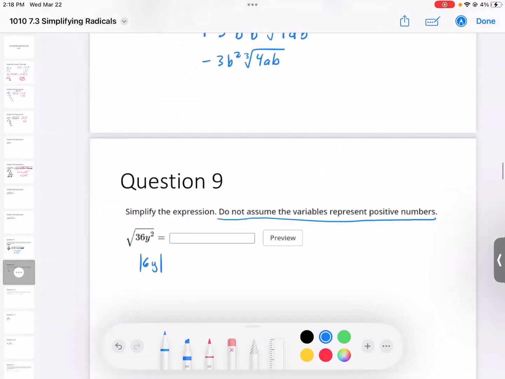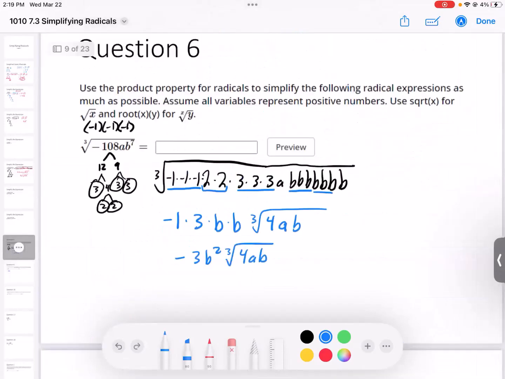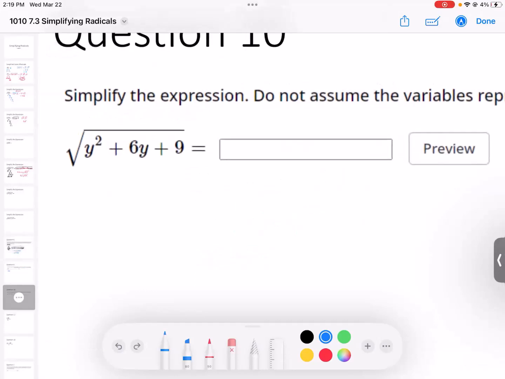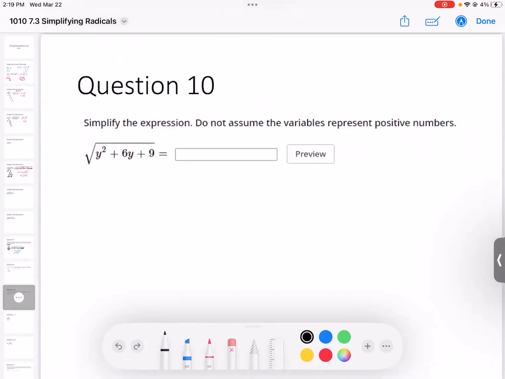And that will be applicable on question 10 as well, because on question 10, they're asking you to find the square root of a polynomial. So just like we did with numbers, if you're asked to find the square root of a polynomial, you want to get it into factored form. So you'd say, okay, since this is a trinomial, I can use my trinomial trick and multiply 9 times y squared.